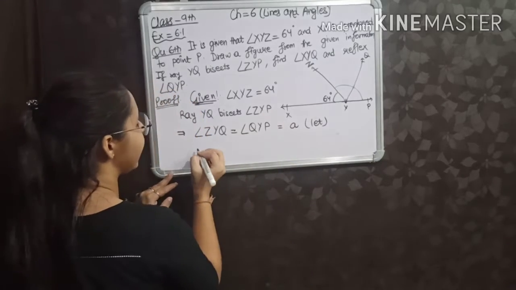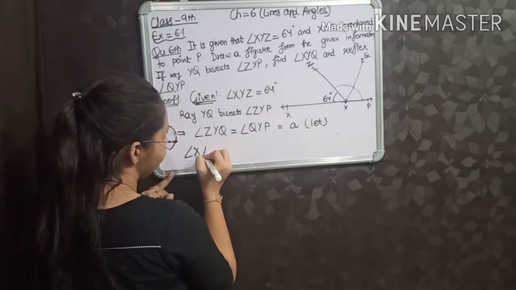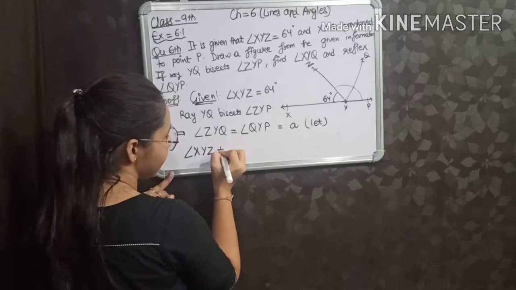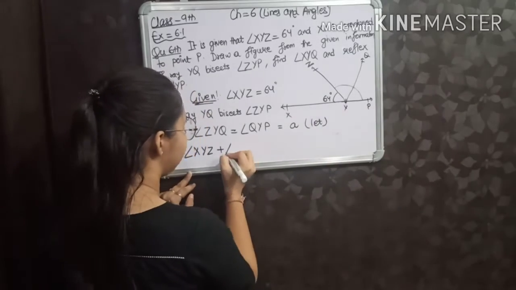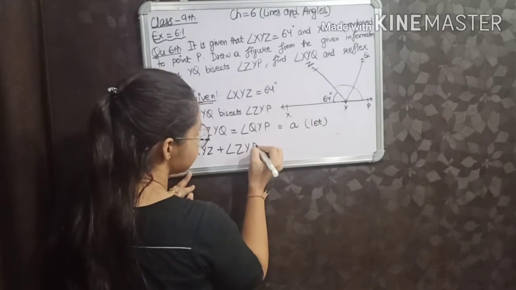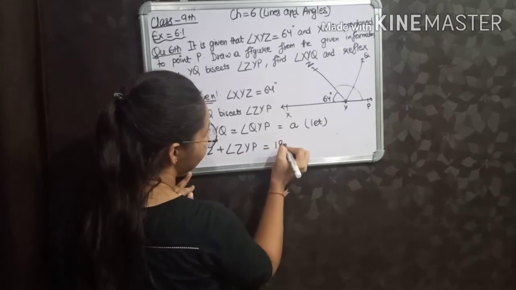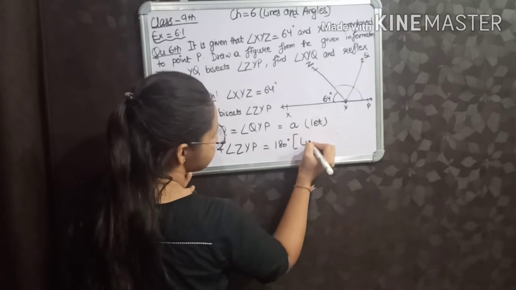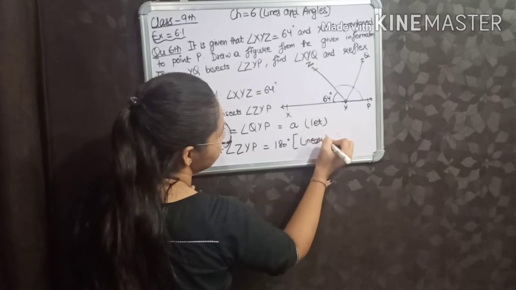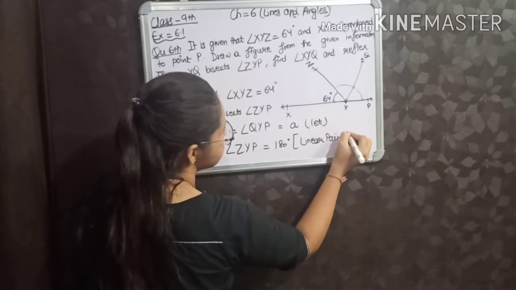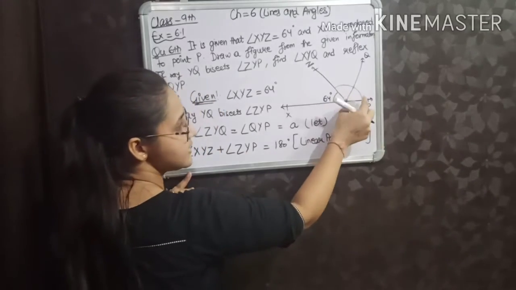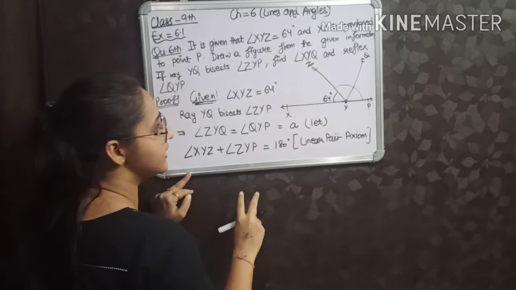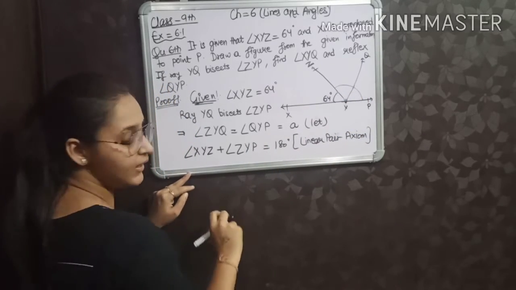So you can write angle XYZ plus angle ZYP, this complete angle, is equal to 180 degree. This is by linear pair axiom. This angle and this angle, the sum of these two adjacent angles, is equal to 180 degree.